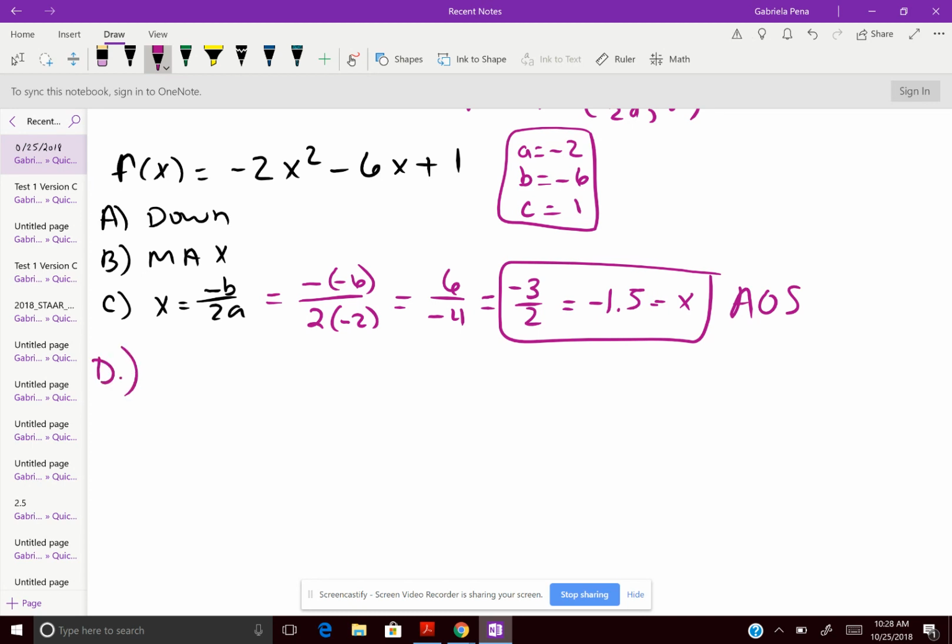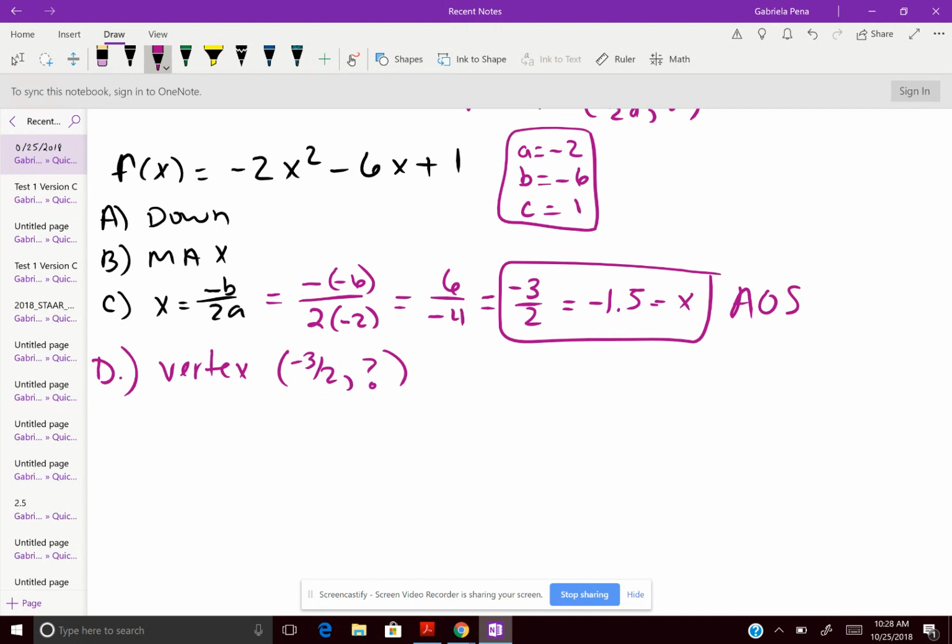Now, it gets messy when you have a fraction. I don't know if your assignment's going to have a fraction or not. I think the last one might. So, in order for me to find my vertex, I know it's going to be -3 over 2, but I have no idea what my y is until I plug this into the equation.